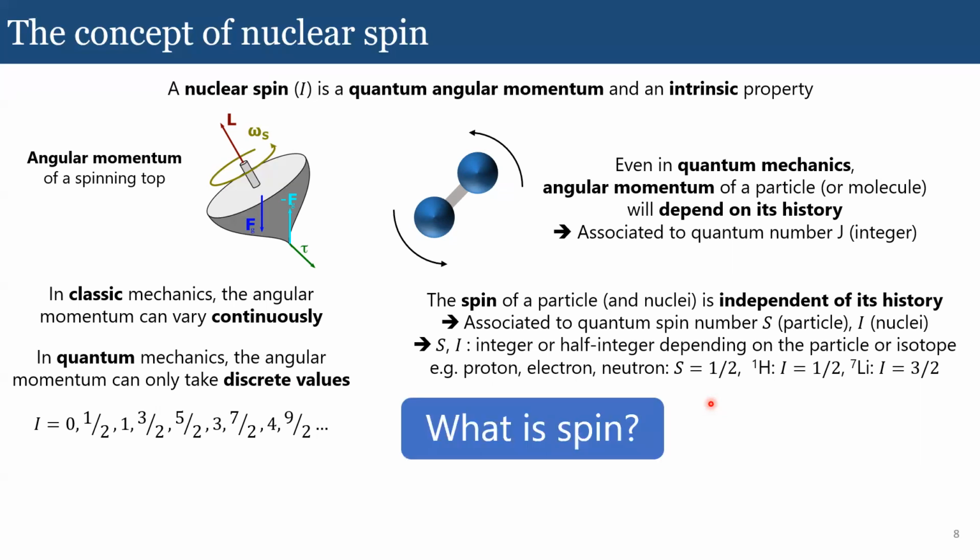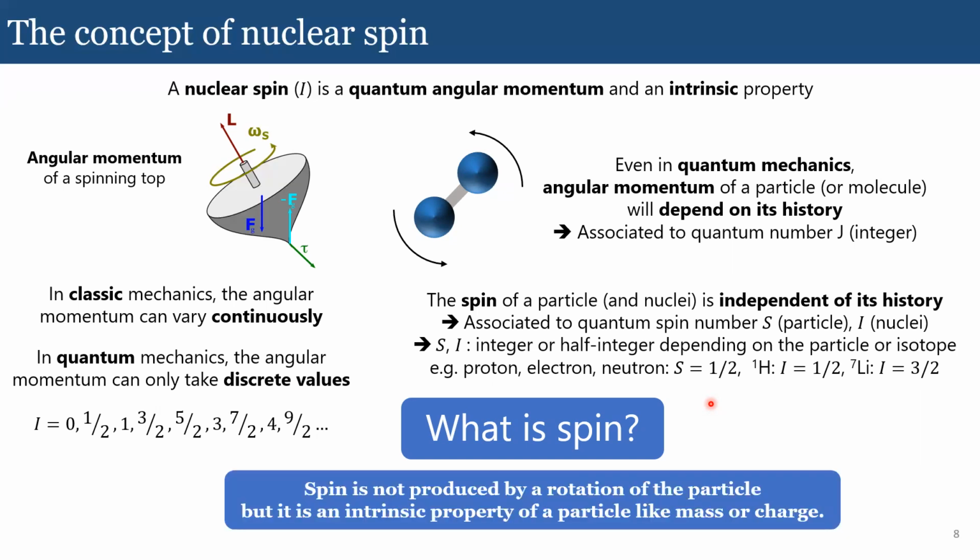So after that, I hope you are still awake. And I know it's early, so you might still be wondering, what is a spin? The short answer is that the nuclear spin is not related to a rotational motion, but it's a property like mass or charge. I know that concept is a bit weird, let's just say it.